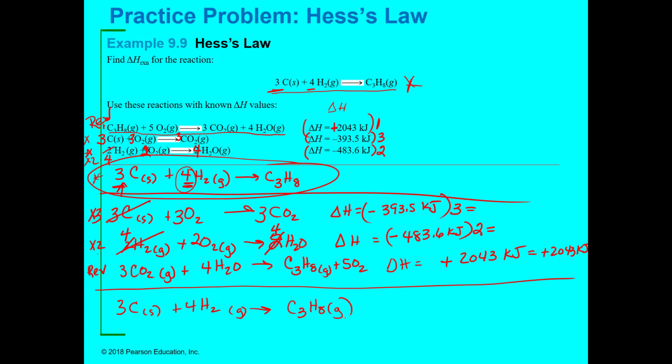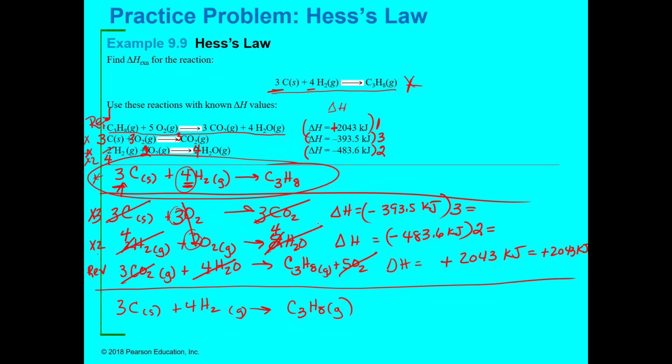Everything else in there should cancel. All right, so I'm going to look. I've got 3 plus 2 is 5 oxygens. And I've got 5 oxygens over there. So those cancel. I've got 3 CO2s on this side and 4 waters on that side and that side.